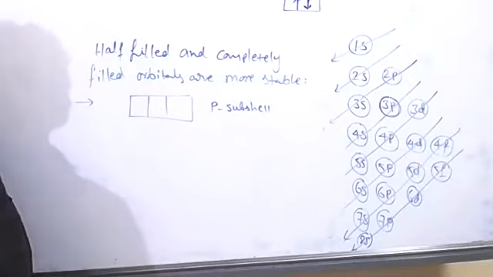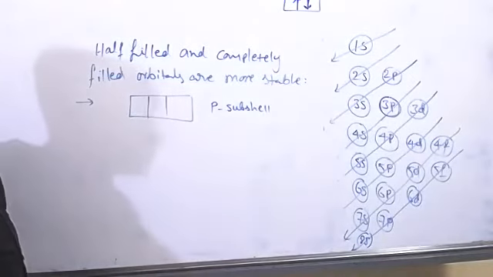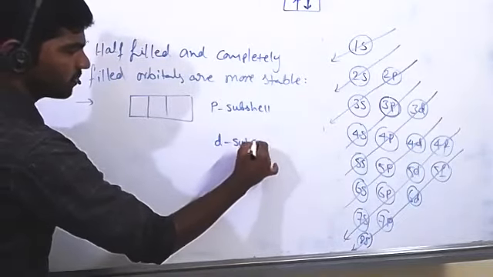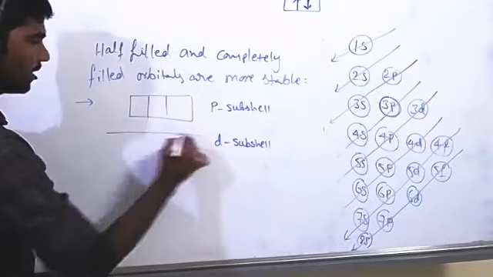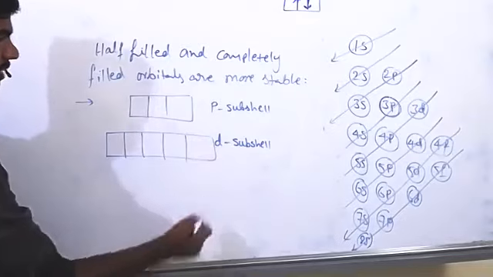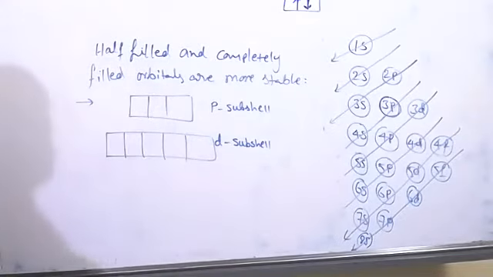All these 3 orbitals have equal energy. We can say these are degenerate orbitals. Even the d subshell has 5 orbitals, all 5 having equal energies. The f subshell has 7 orbitals, and all 7 also have the same energy. We can say they are degenerate orbitals. That's why this is somewhat stable.